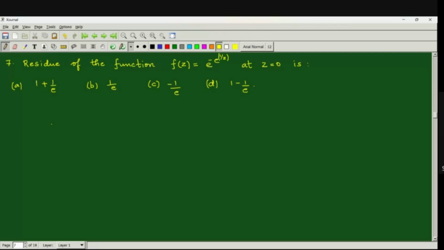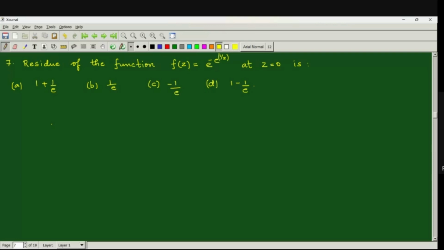Okay. So the mistake that we make is the coefficient of 1 by z. So this is k factorial and k. Okay. N, the coefficient of one, from this we will compute.